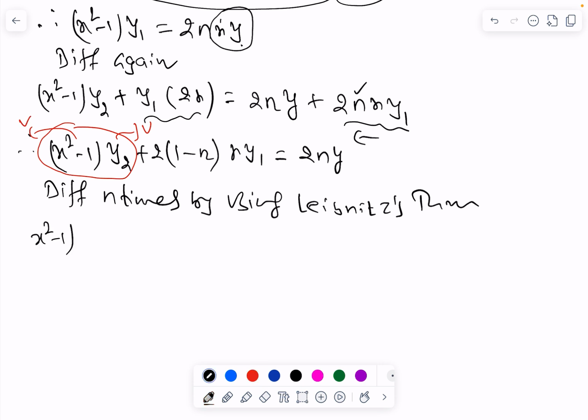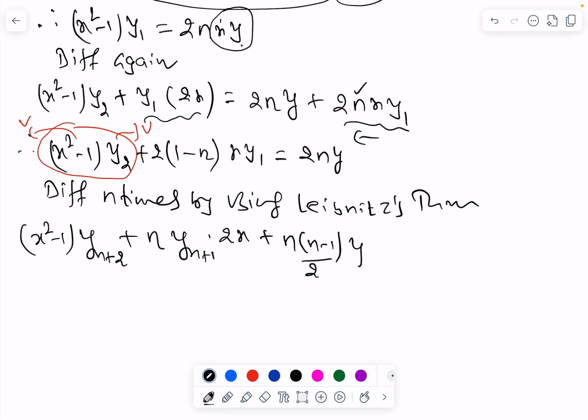So (x square minus 1) y_{n+2} plus n times y_{n+1}, derivative of x square minus 1 is 2x, plus n(n minus 1) by 2 factorial y_n, and derivative of 2x is 2.